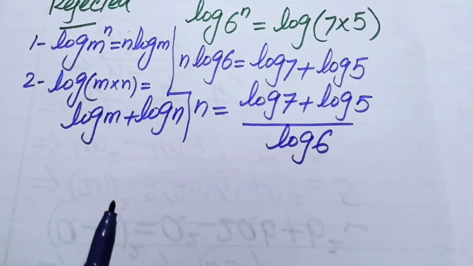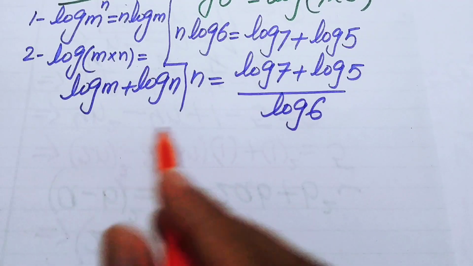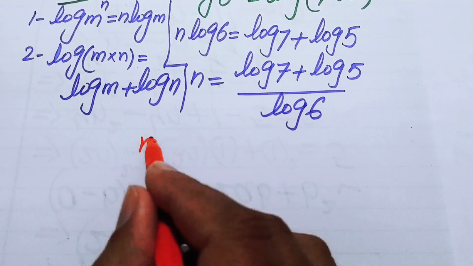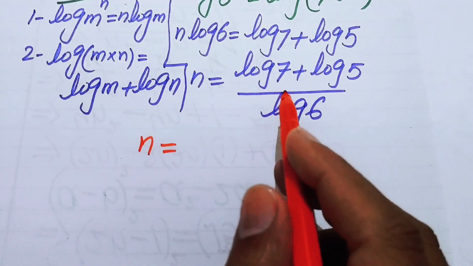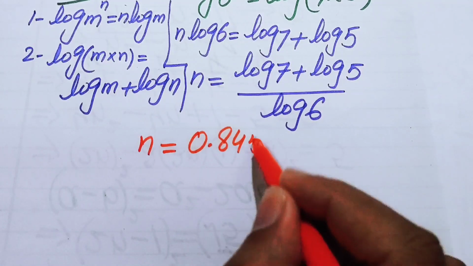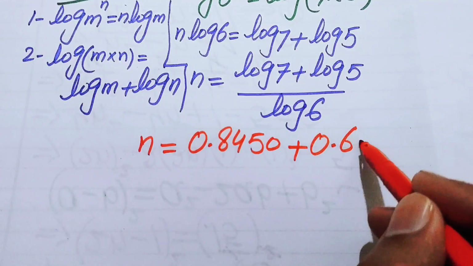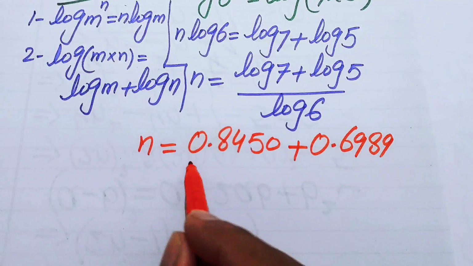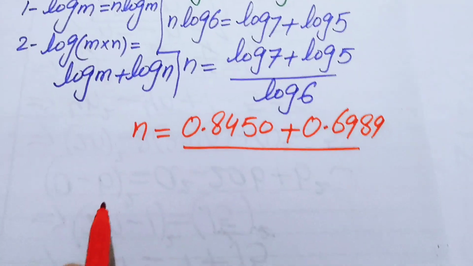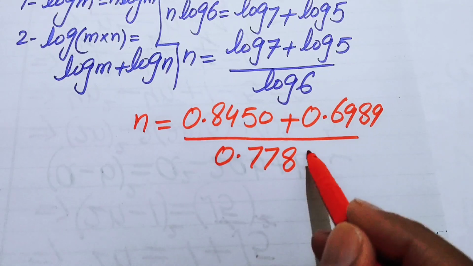And now you use a calculator or logarithmic table in order to find the values of log 7, 5 and 6. You know that the value of log 7 is 0.8450 and the value of log 5 is 0.6989, and similarly the value of log 6 is 0.7781.